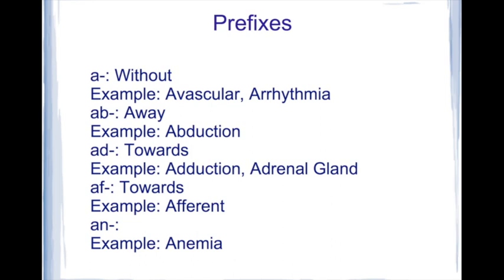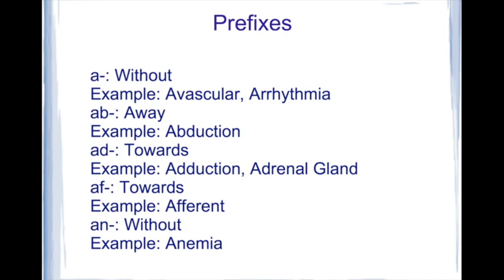Anemia means without blood. So a or an mean the same thing, without. So anemia is basically what would happen. It's kind of a general term for how your body would respond if you didn't have blood in it. So if you didn't have blood, you wouldn't get oxygen, right? That's when you were considered an anemic. And there were different types of anemia, of course.